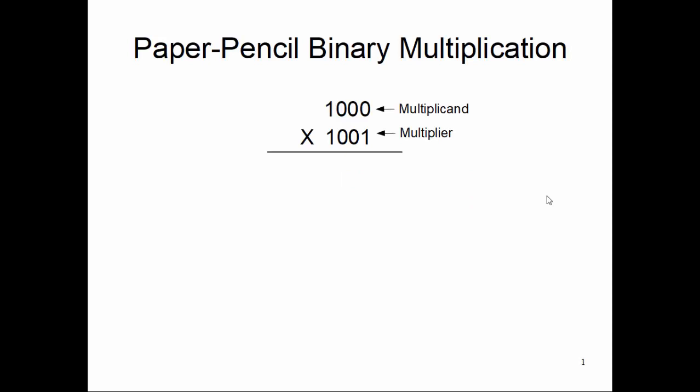Let's take an example of the paper pencil binary multiplication process, and this is the same as your decimal number multiplication process. If you multiply multiple digit decimal numbers on paper pencil, the process you follow is the same as the process followed for paper pencil binary multiplication.